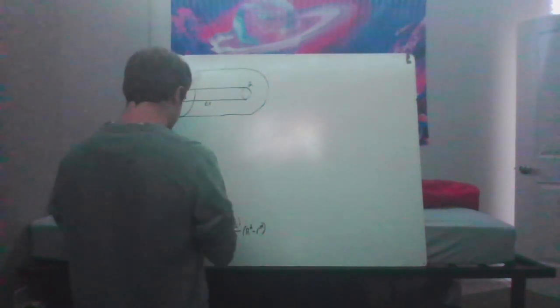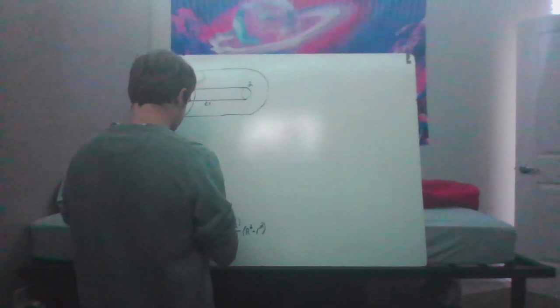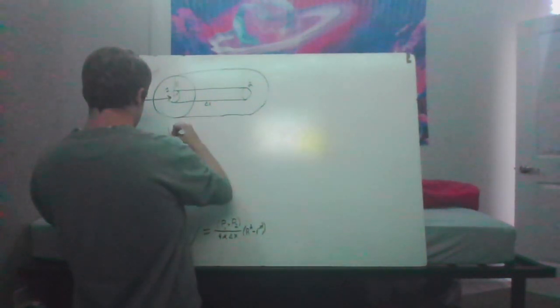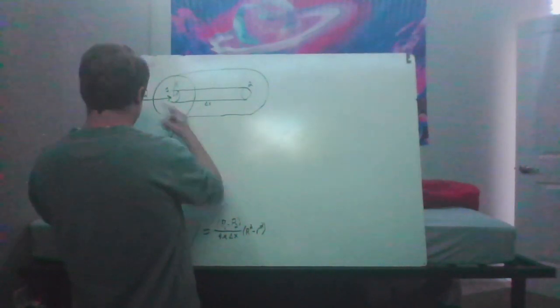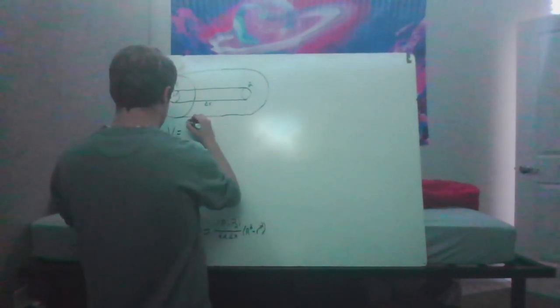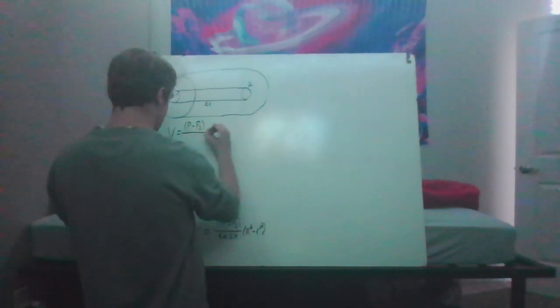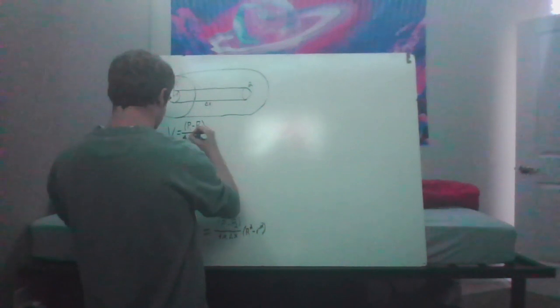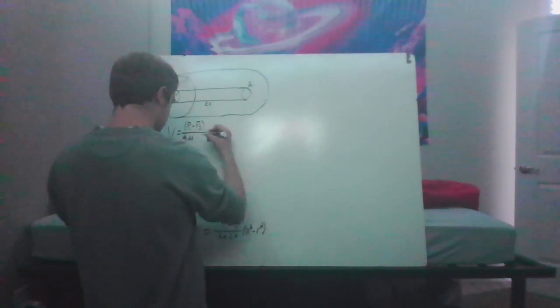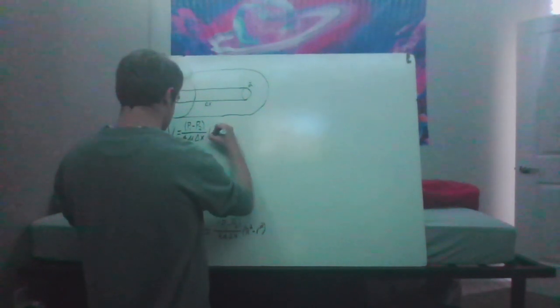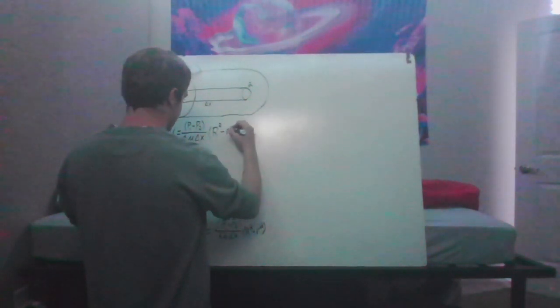And what we're going to end up doing is relating this velocity back to our flow rate here, Q. Again, it's (P1 minus P2) over 4 mu delta x times (big R squared minus little r squared).